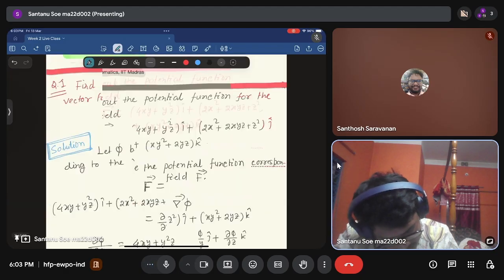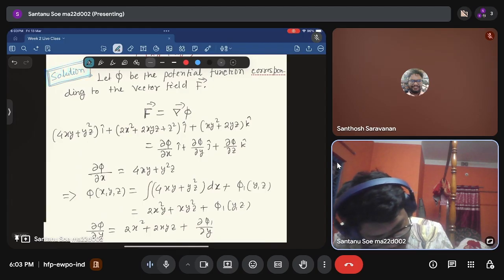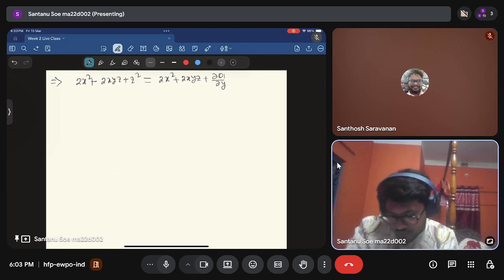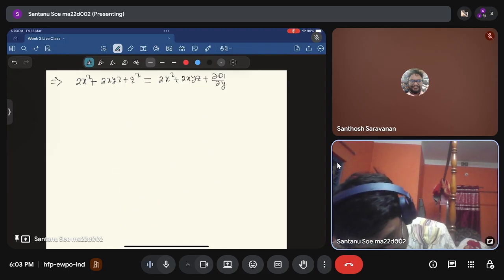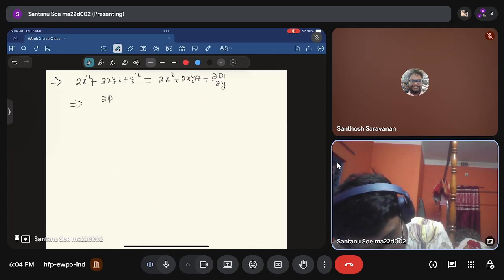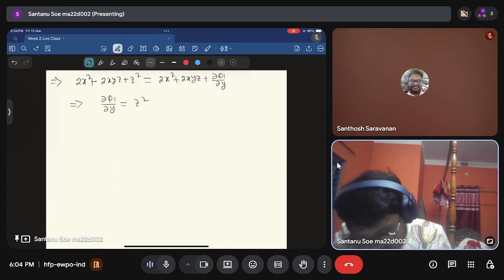And this is same as the right side, which is 2x square plus 2xyz plus del phi 1 by del y. Okay. So now from here we can see that del phi 1 by del y is z square.